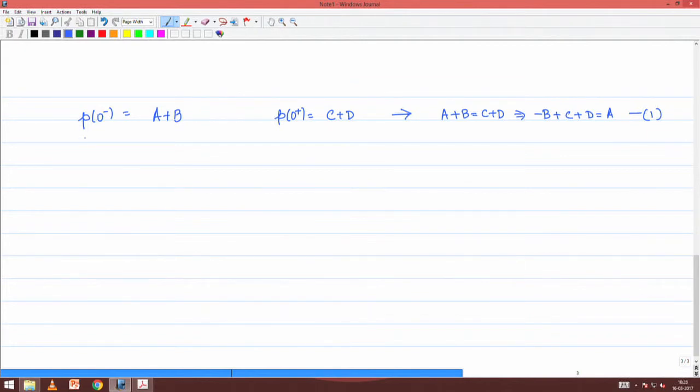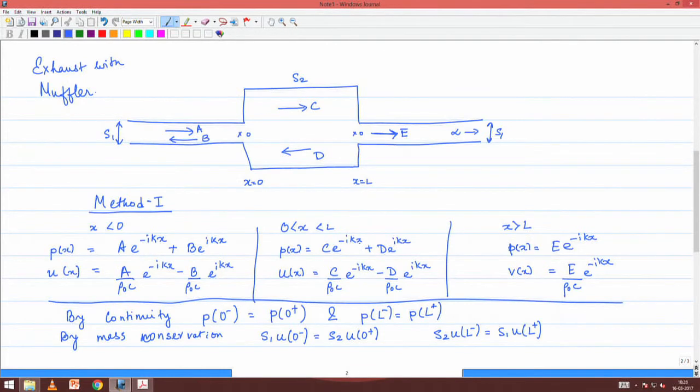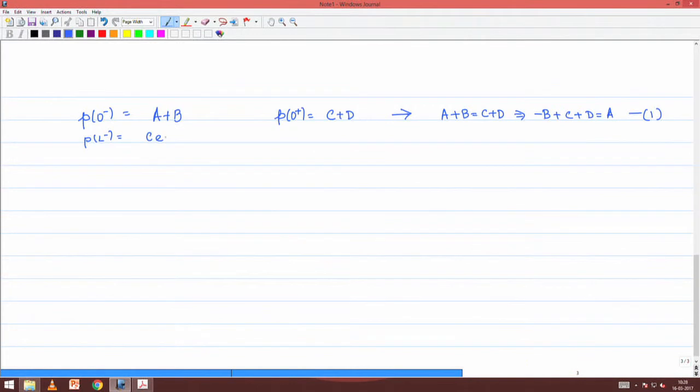Now, let us look at P at L minus. I need to replace x as L, right. So, C e to the power minus I k L plus D e to the power I k L is P at L minus, and what is P at L plus? That is in terms of e to the power minus I k L, right.